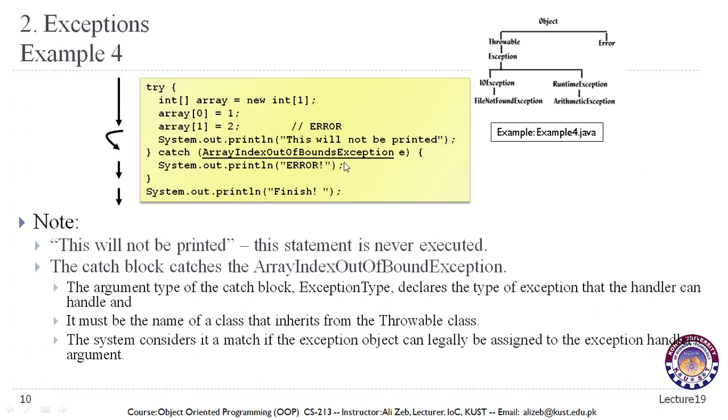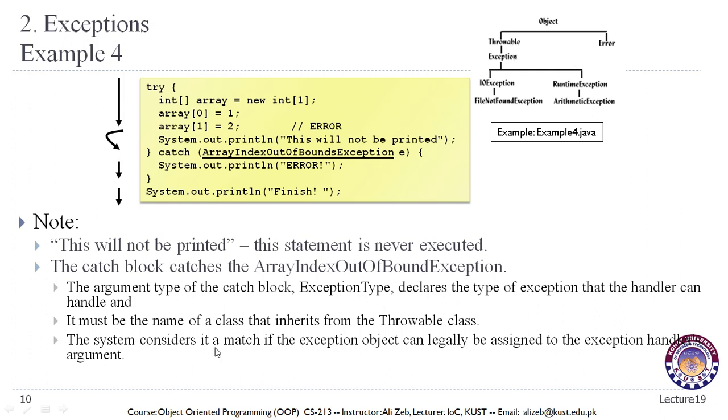The array index out of bounds exception is a subclass of the runtime exception, which is in turn a subclass of the exception class, and that in turn is a subclass of the throwable class. So whatever we are creating an object of over here to handle our exceptions must be a subclass of the throwable class.